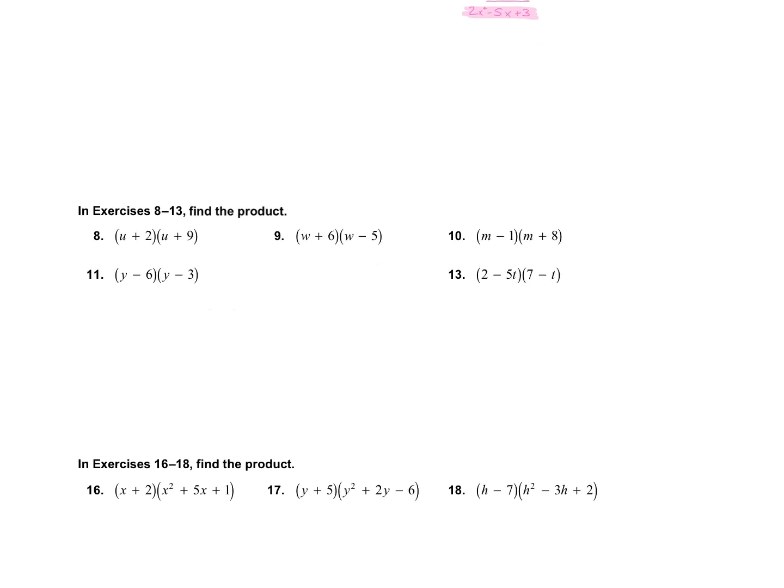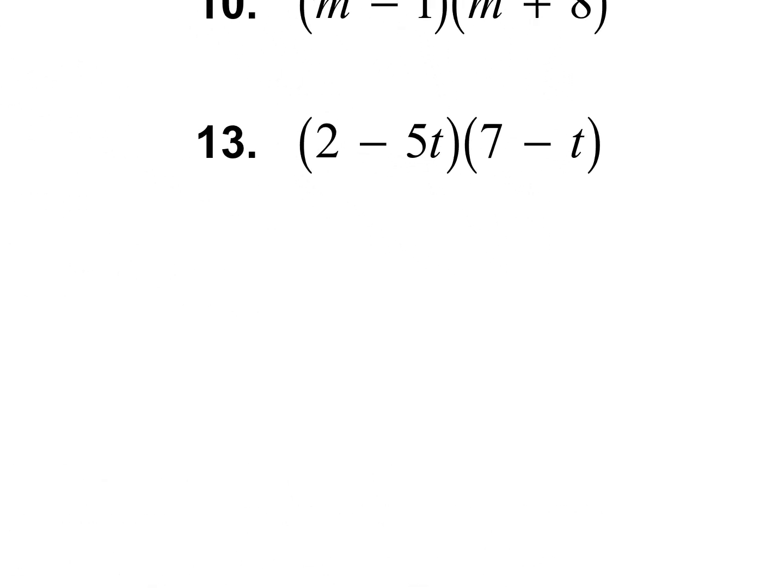Let's do 13. So going down a little bit to 13. What would we do first? So 2 times 7 would be 14. 2 times negative t. Chloe, what's 2 times negative t?